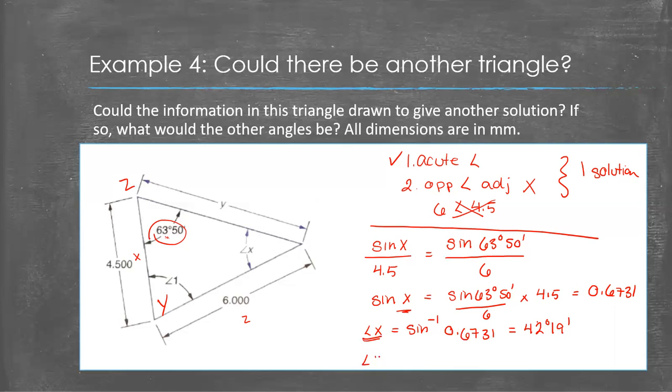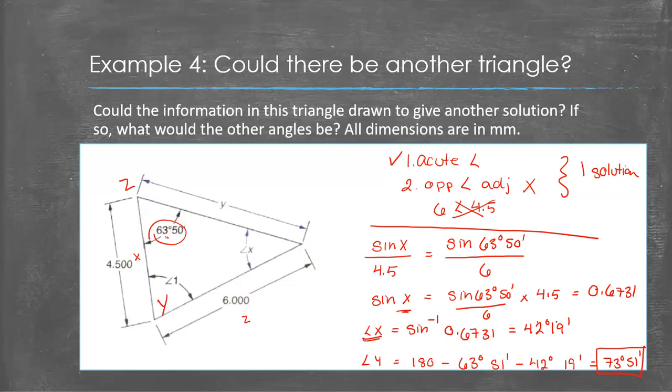Angle y, or angle 1, is easy to calculate. It's just 180 minus 63 degrees, 51 minutes, minus 42 degrees, 19 minutes. And you would get 73 degrees, 51 minutes. And you can do that all with your degree minute second calculation.